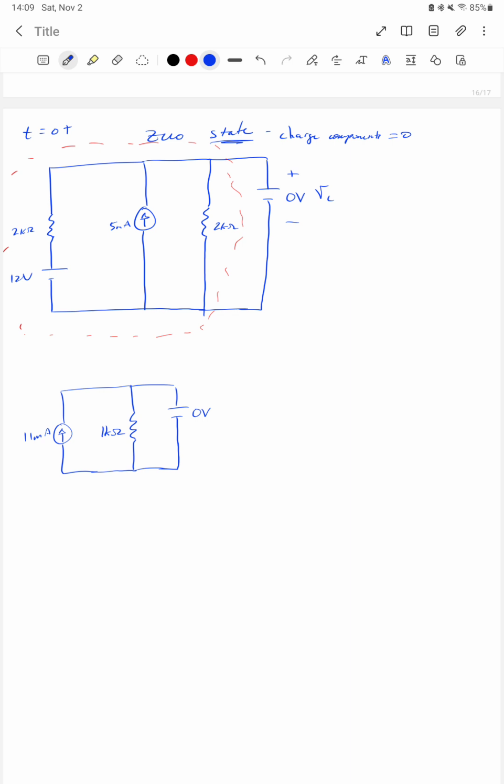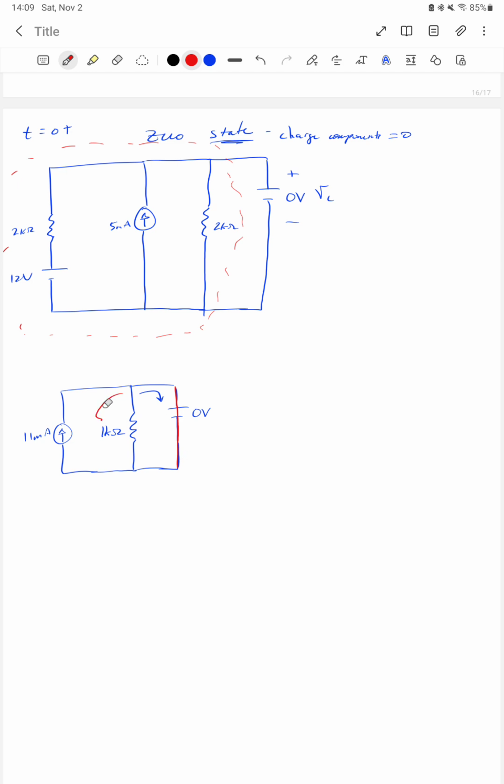And as a matter of fact, you have all of the current going this way, because if we consider this like a short circuit, let's do this in red. If we consider this a short circuit, then that means you're going to bypass this resistor entirely. Why would the current go down a branch that has a resistor when it could just go down another branch for free? So this is 0 volts.